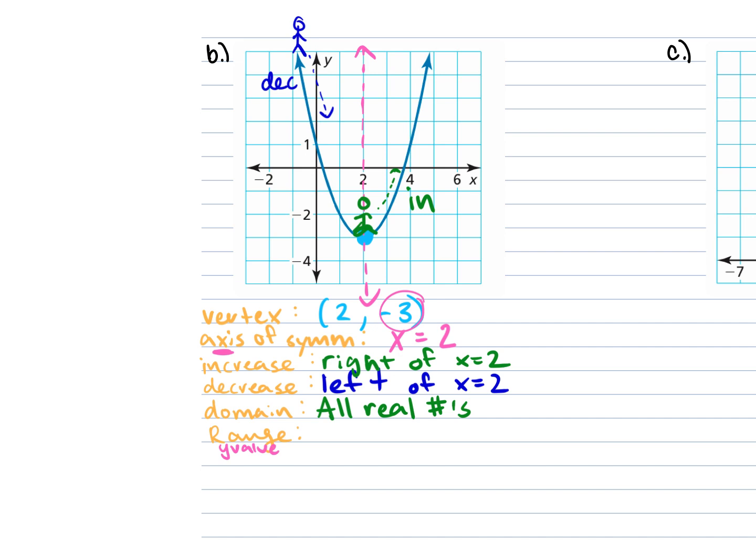Does our graph point up or does it point down? Our U shape, is it pointing up or pointing down? It's pointing up. So our range would be y values greater than -3, because our graph is pointing up.